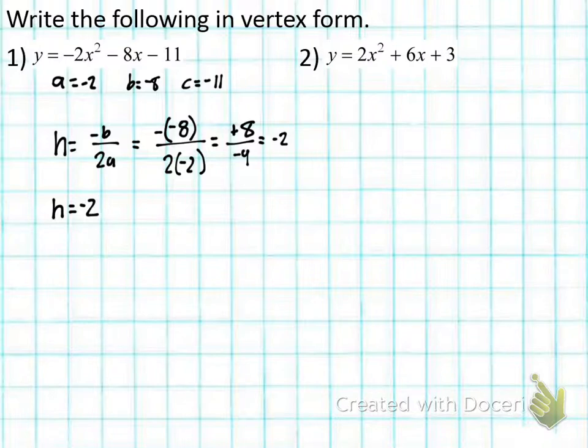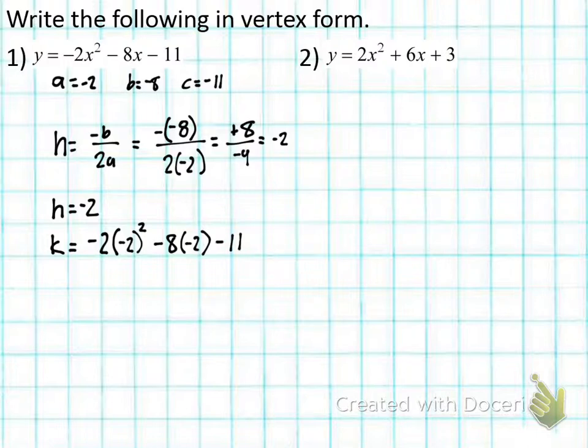Now to find k, you plug it back in. So all you have to do to find k is plug h back in. So you have negative 2 times x squared, which is negative 2 squared, minus 8 times negative 2, minus 11.